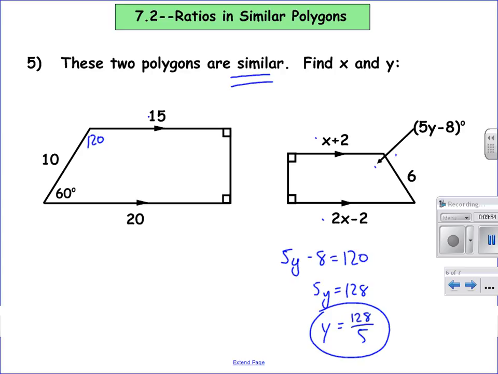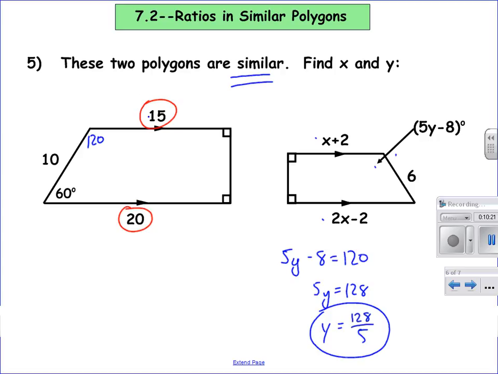Okay, all right. For x, let's take a look here. Okay, so now we're going to set up a proportion. The matching tops, 15. Actually, I take that back for 1 second. I'm going to go ahead and just set this up. 15, 20.